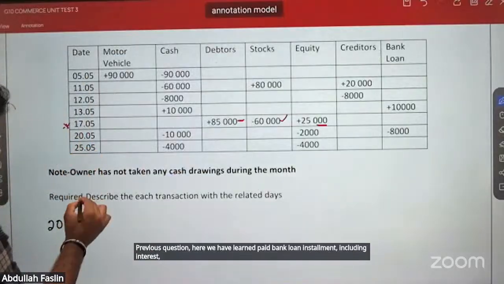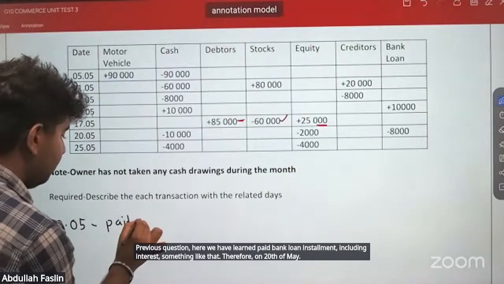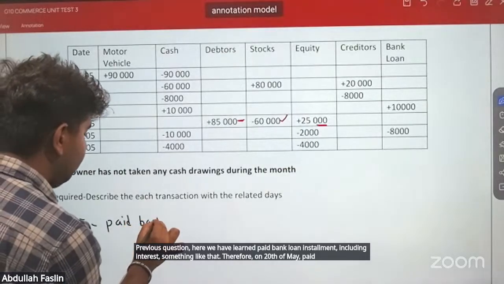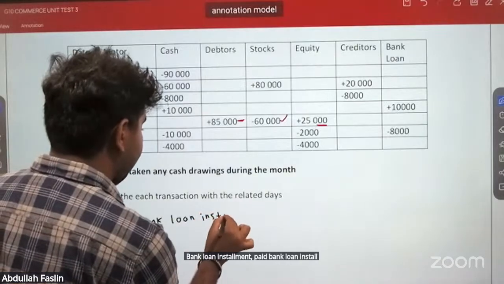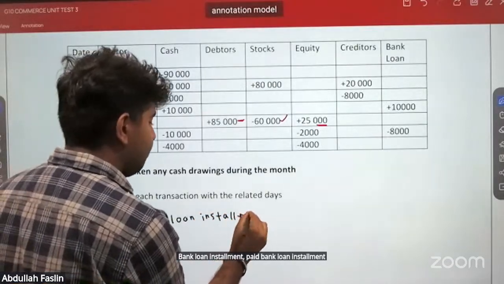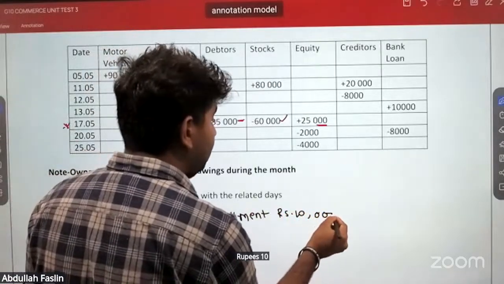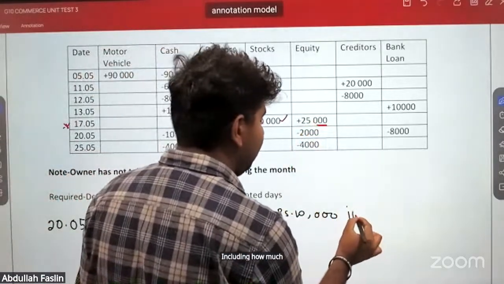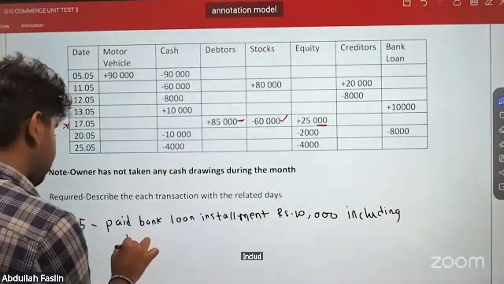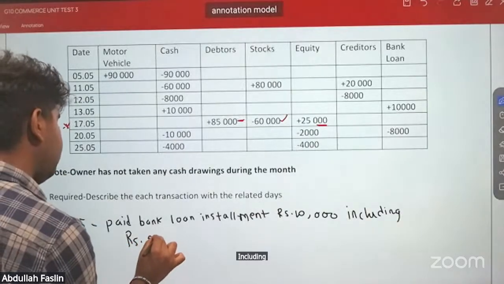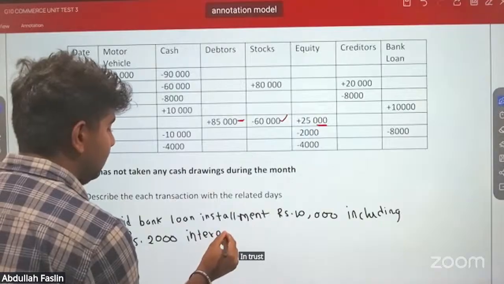Therefore, on 20th of May, paid bank loan installment rupees 10,000, including rupees 2,000 interest.